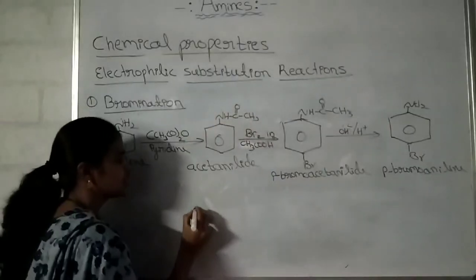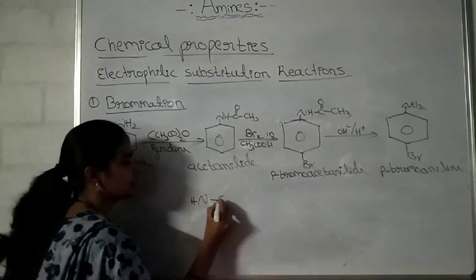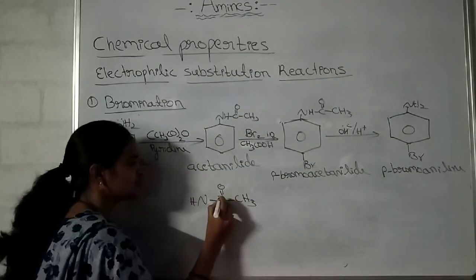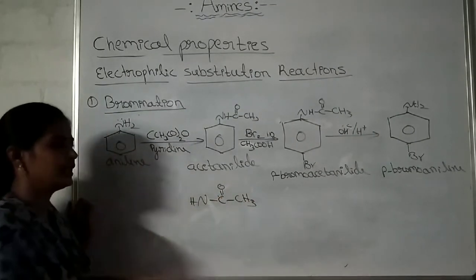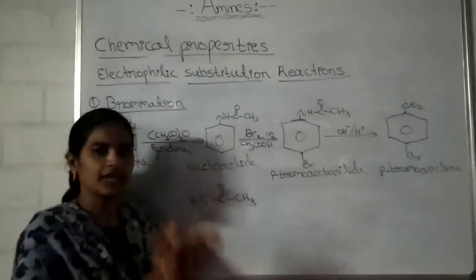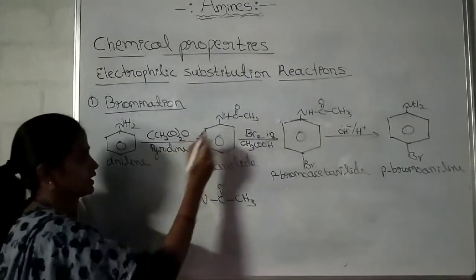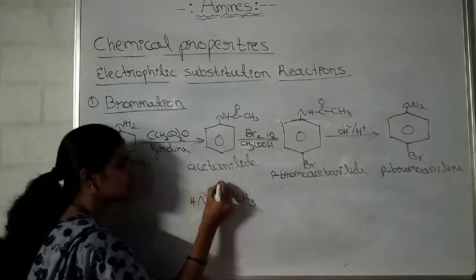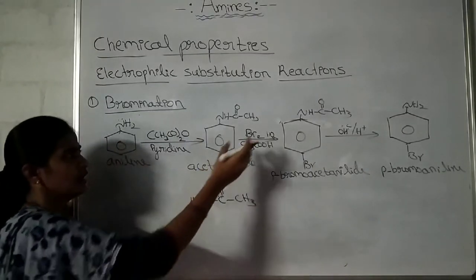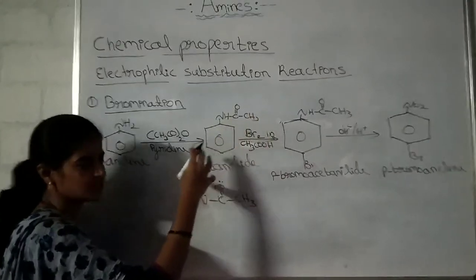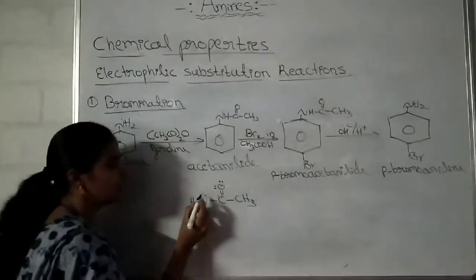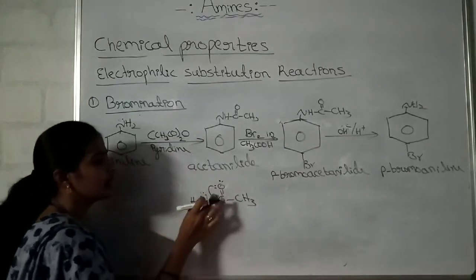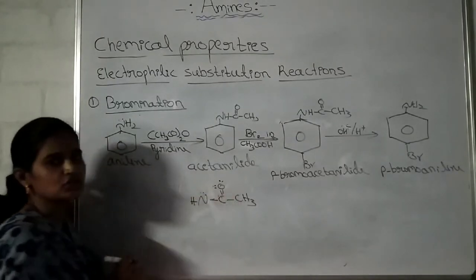But when it has converted to acetanilide, NH C double bond O CH3, what happened? Somehow we have to reduce the activity of the NH2 group. Here a lone pair of electrons is there, and on the oxygen also lone pairs of electrons are there. When the COCH3 group is substituted here, these lone pairs of electrons are involved in resonance formation.